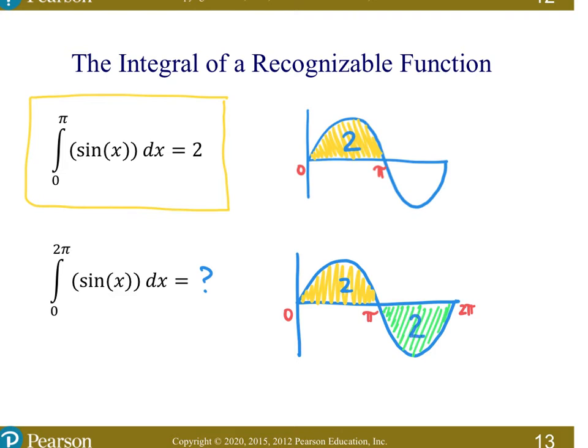But because it's below the x-axis, it's negative. And so the combination of those two together, the positive area and the negative area, give me an answer of 0. There is no cumulative area accumulated from 0 to 2 pi.